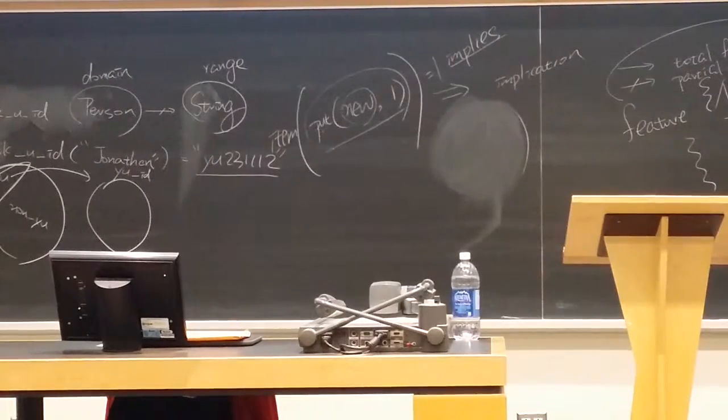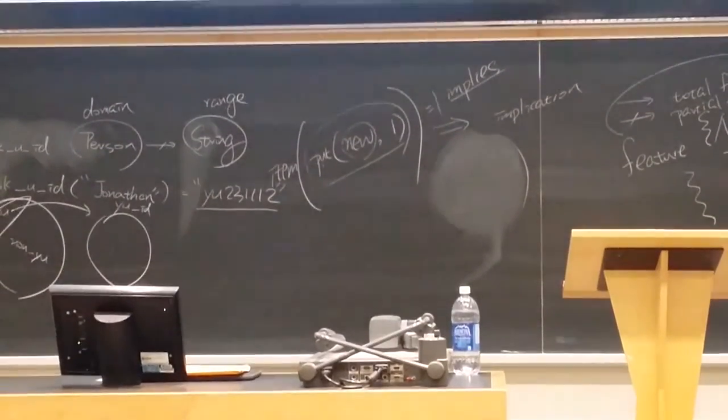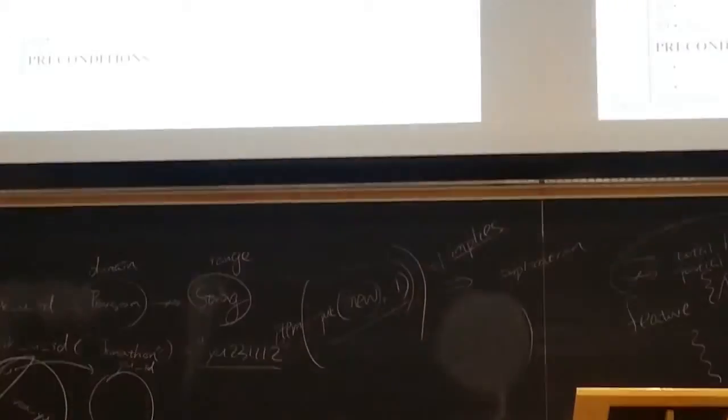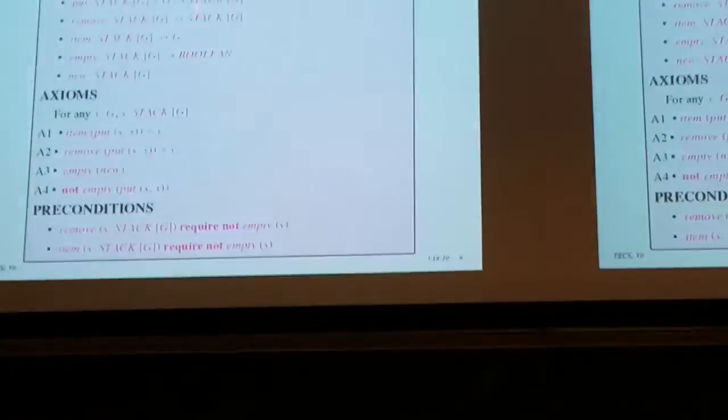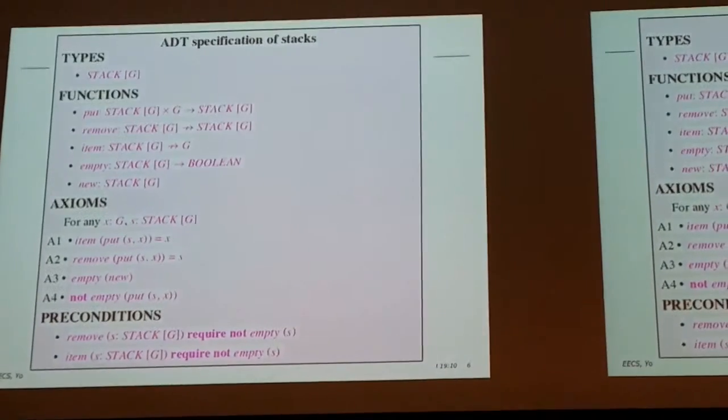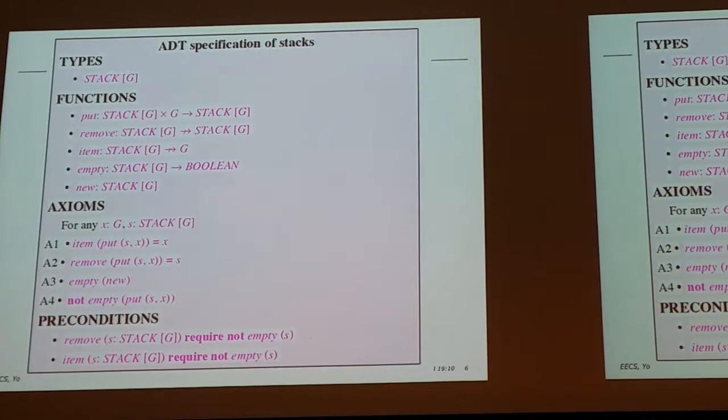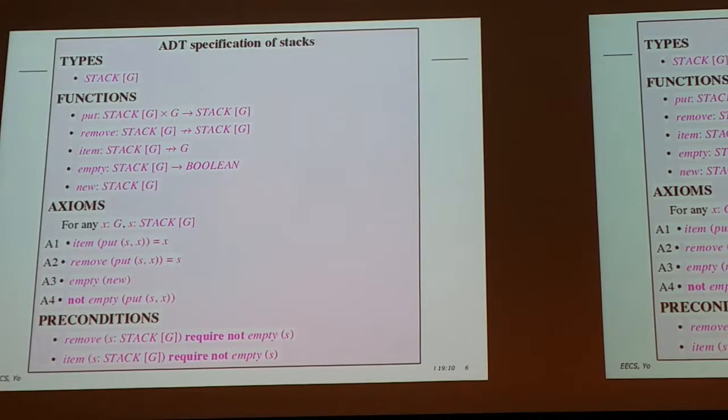Okay, so you can see that we also have remove. Put is actually a total function because, assuming that there's no upper bound for the size of your stack, you can always put new elements into it. However, for the remove function, you cannot apply remove on the empty stack, so that's why it's partial.